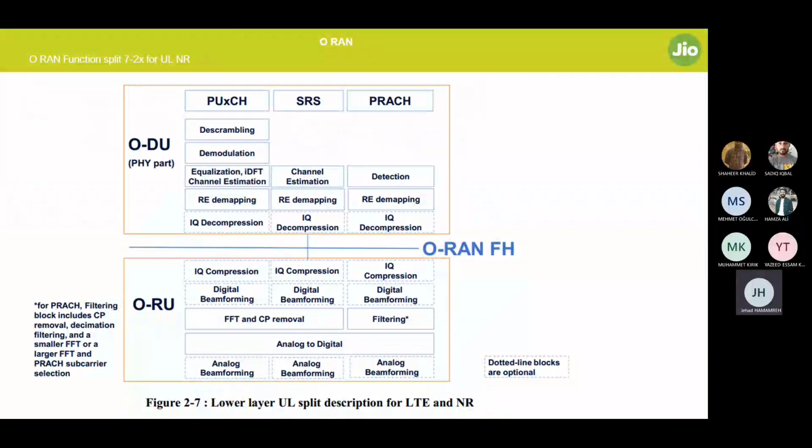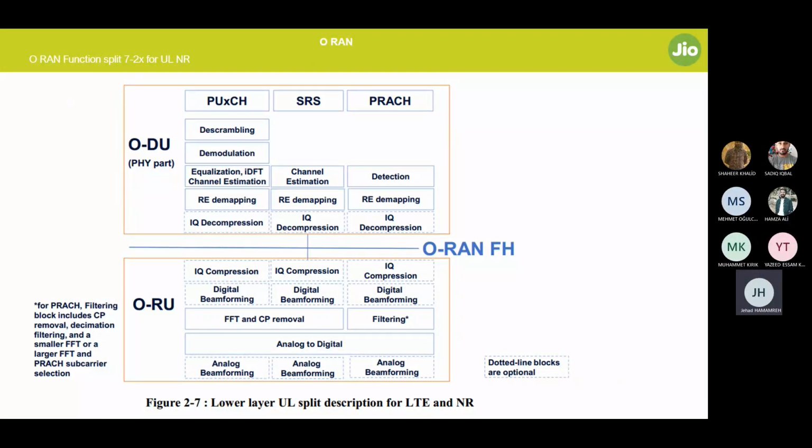And this is a more comprehensive view of the split between the open radio unit and the open distributed unit, where the open radio unit represents the physical low and the open distributed unit represents the physical high. As you can see, we have different types of signals. We have physical random access channel signals, which you send at the beginning of your communication.